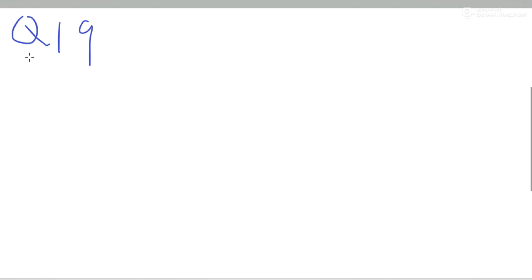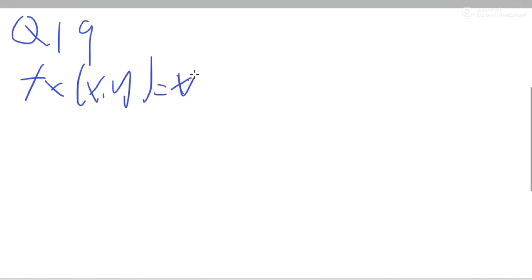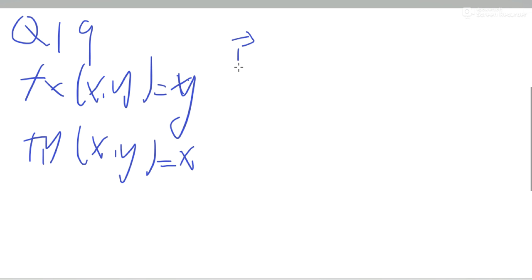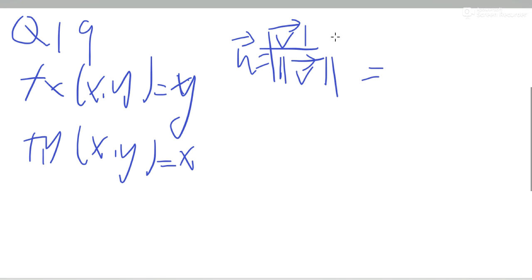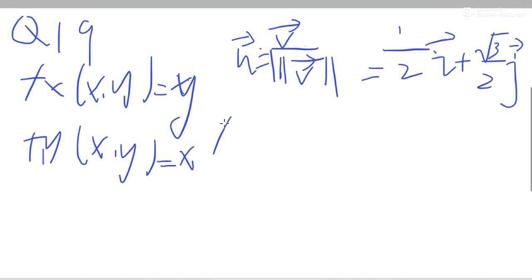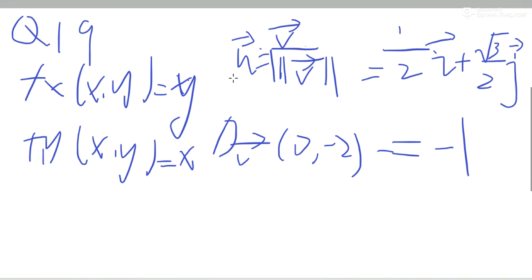So I will directly give you the answer. fx(x,y) is equal to y, fy(x,y) is equal to x, and the unit vector is equal to 1 over 2 i plus root 3 over 2 j, and when we plug in the point (0, -2), we get minus 1. Okay, so that's the answer.